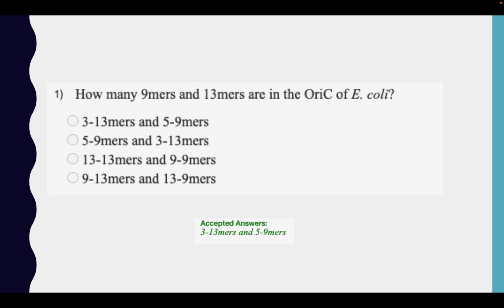The origin of replication is known as oriC, and this region is where DNA replication begins. DnaA protein binds to the 9-mer sequences and initiates the replication process. So here 5 9-mer sequences and 3 13-mer sequences are located within the AT rich region.